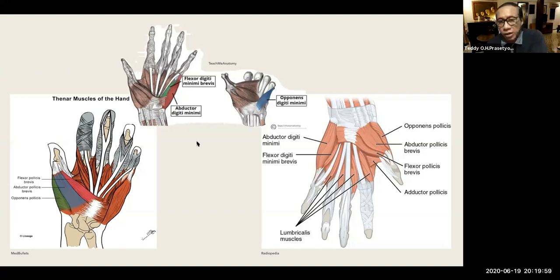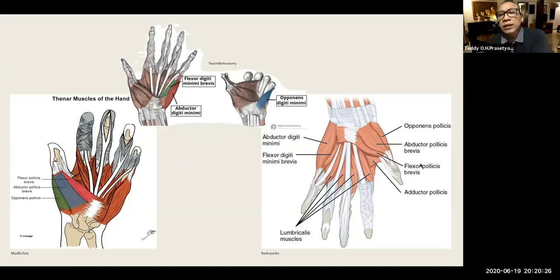Now let's get into some review with this intrinsic system. It's quite nice for me to have this color picture. So this is the intrinsic system in the thenar part.